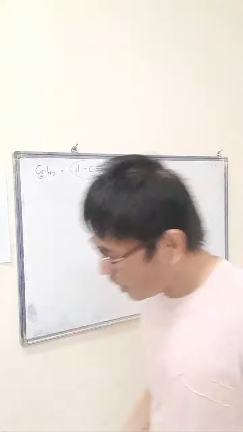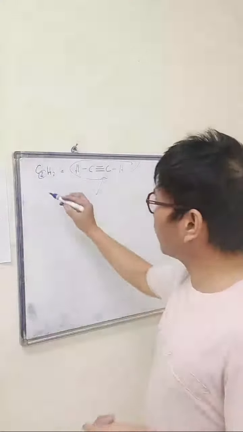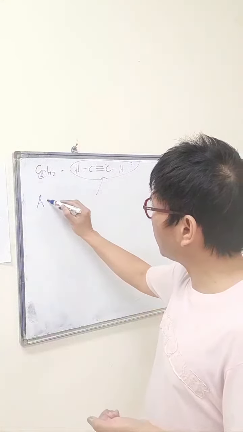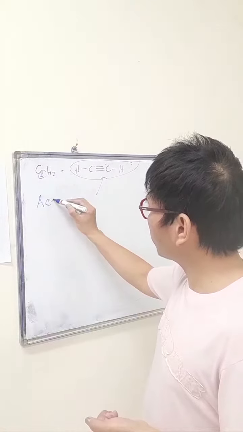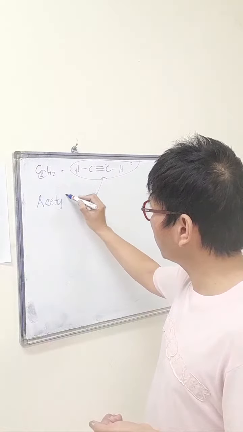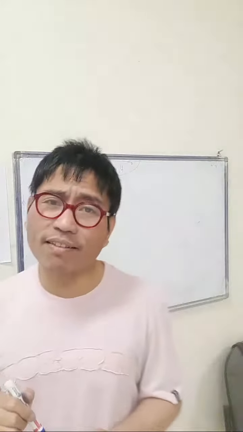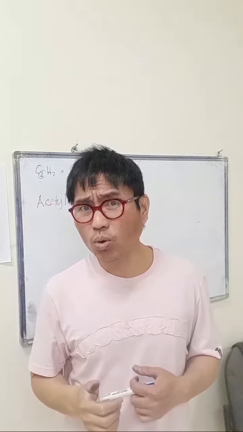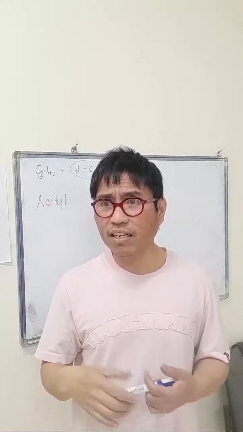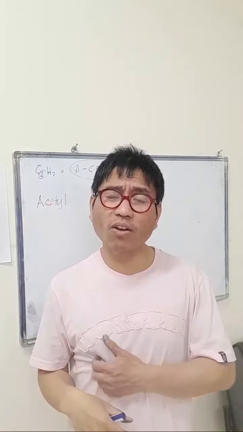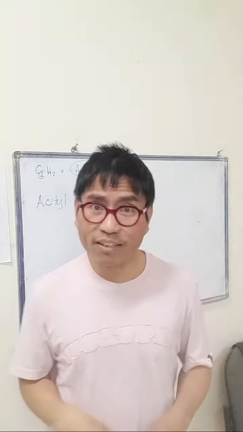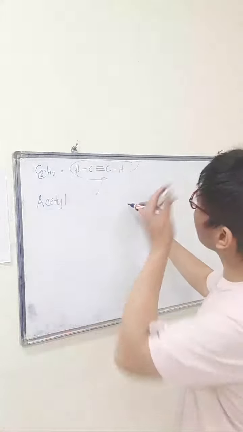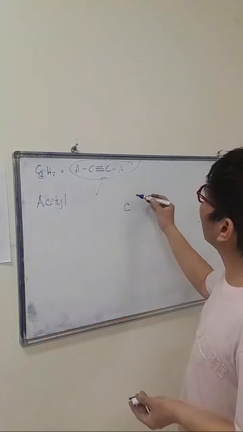Now, acetylene. Put the word acetylene. Acetyl from the word acetyl. If you encounter the word acetyl, normally, the carbon atoms are 2. If you apply that also in the aldehyde functional group, let's say we have the carbon, aldehyde, right?